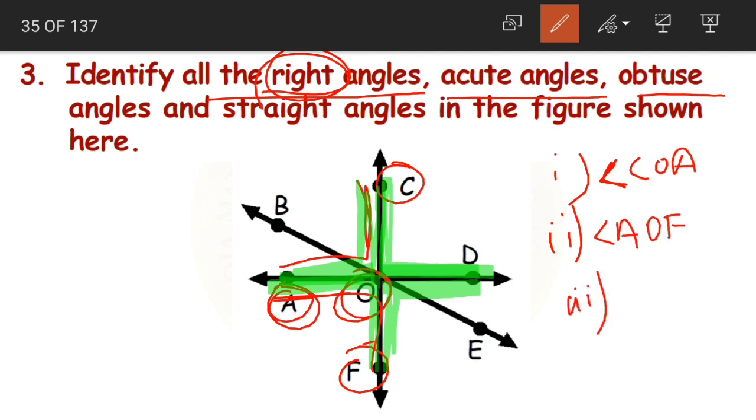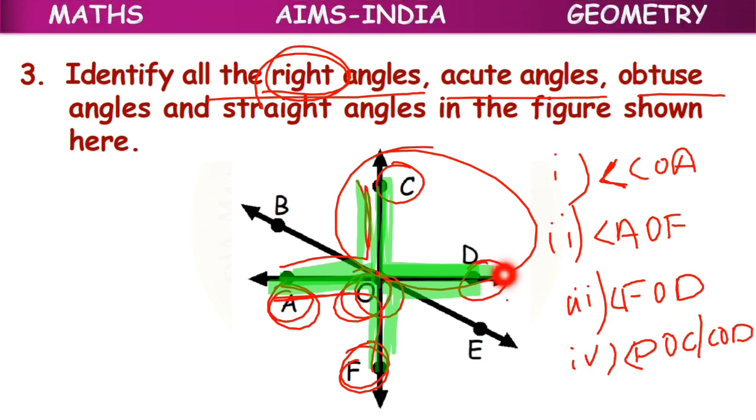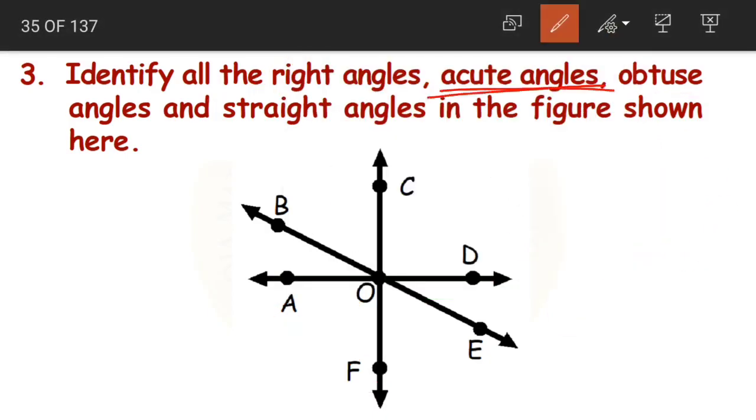Coming to the third one, angle FOD. Coming to the fourth one, we have angle DOC or angle COD. It is our wish, children. So we are having 4 right angles in the given figure, and these are the names of the 4 right angles.